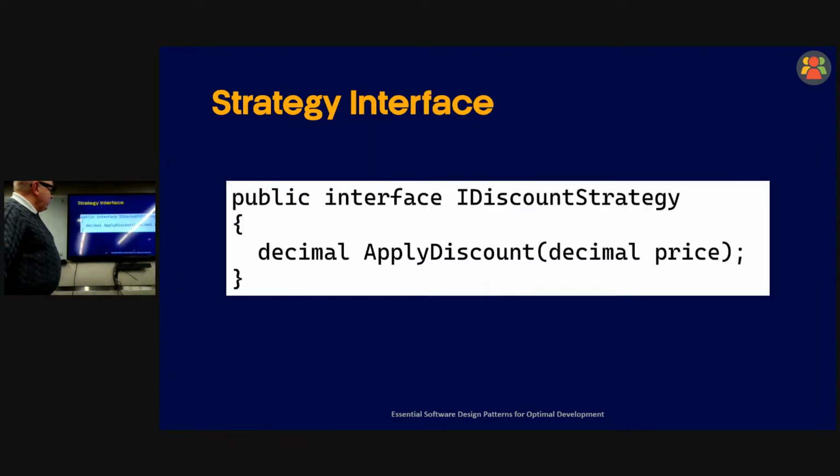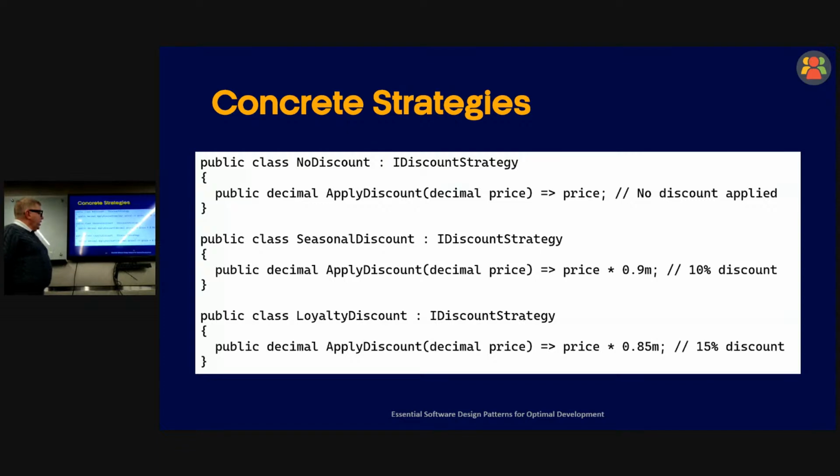So in this code example, I'm doing discounts. I'm creating an interface of a discount strategy, with one simple method, apply discount. Then I've got my different strategies: no discount, seasonal discount, loyalty discount, which just use decimals, basically a 10% or 15% discount.